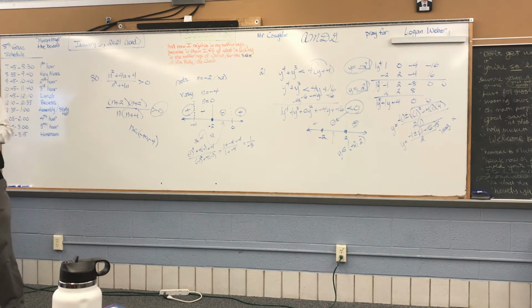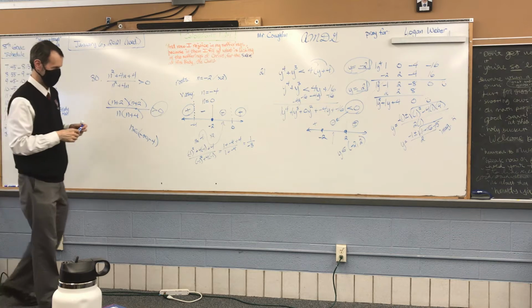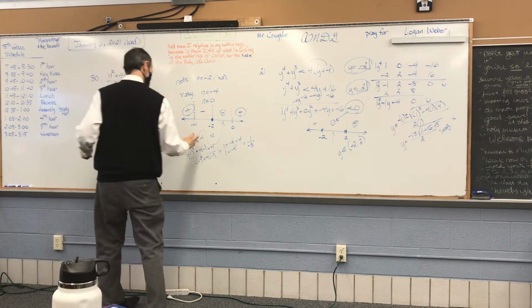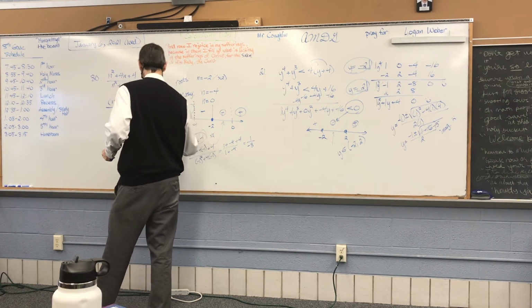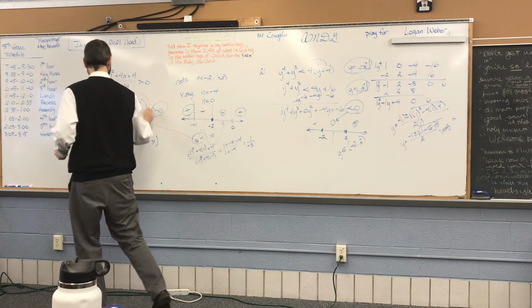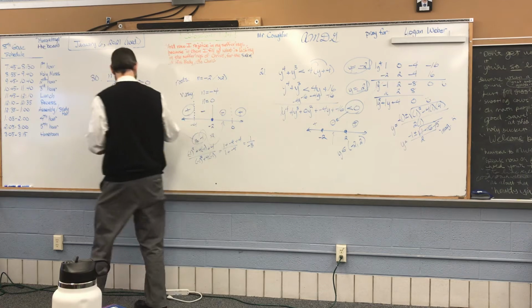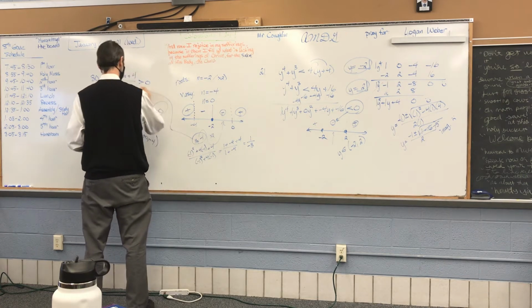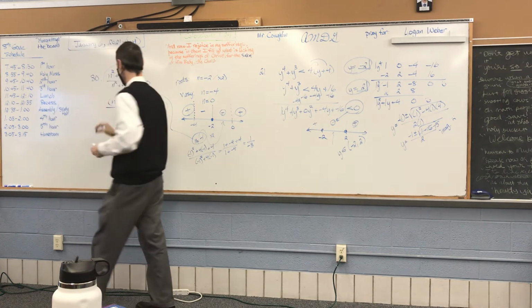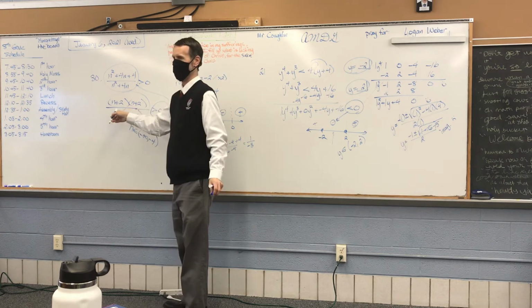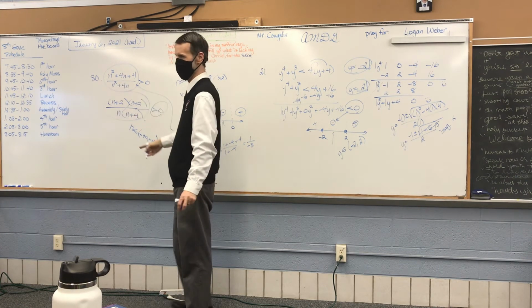How did you do the testing point? I plugged n equals -1 into the original formula. Oh, sorry, I pointed at the wrong thing. I had to put it in here. You can do it in here too. They'll give you the same answer either way. What about the parentheses?